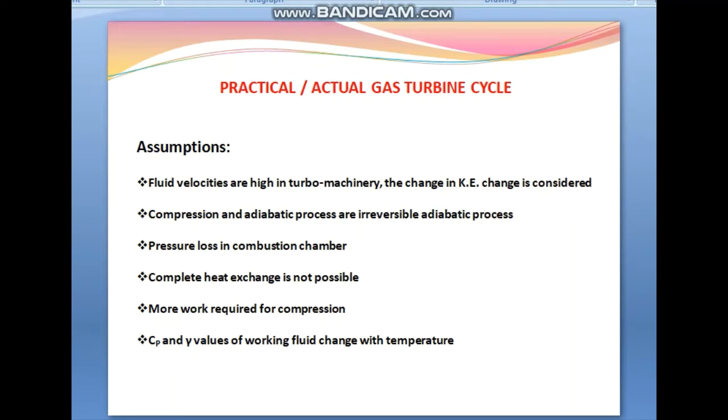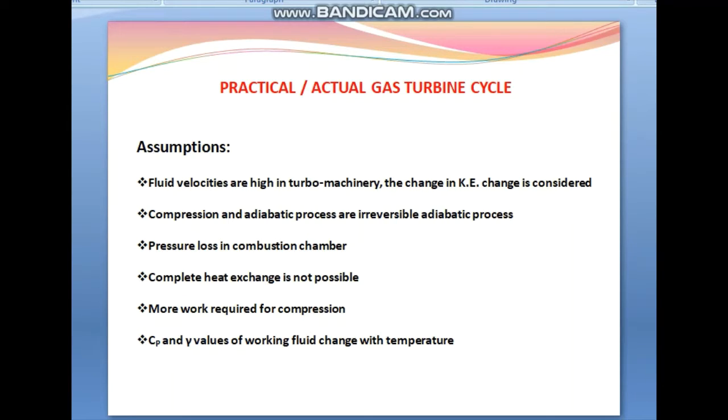That means the compressor work and the turbine work are irreversible adiabatic, but in the case of the ideal process, that was reversible adiabatic or isentropic. But here the expansion and compression processes are irreversible adiabatic.